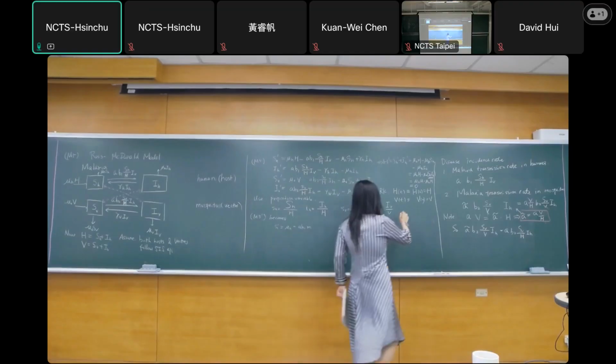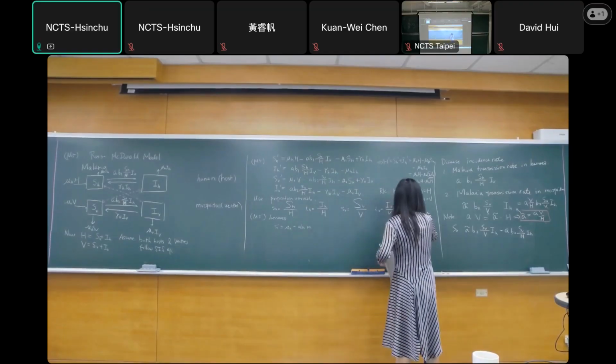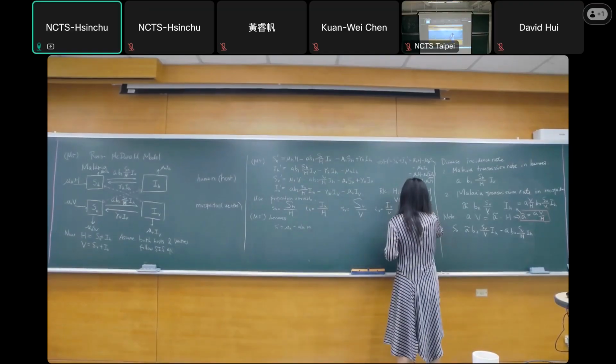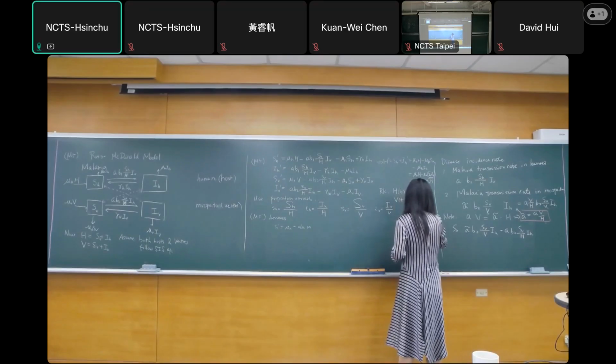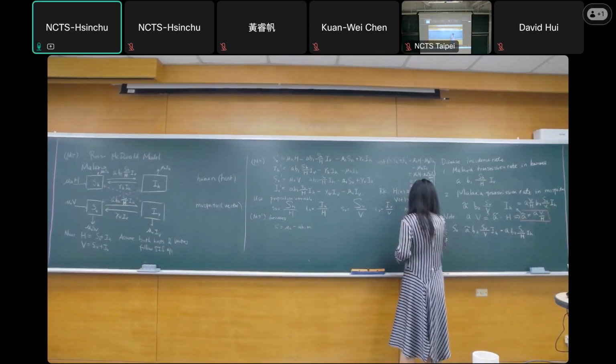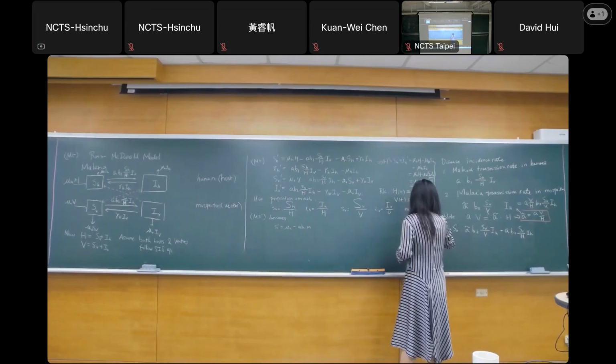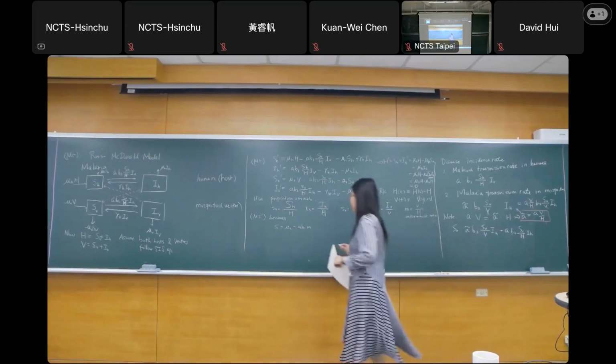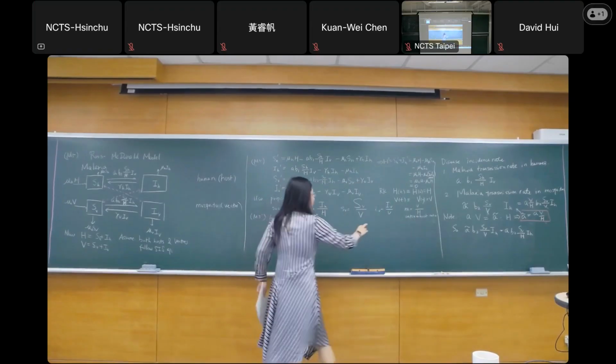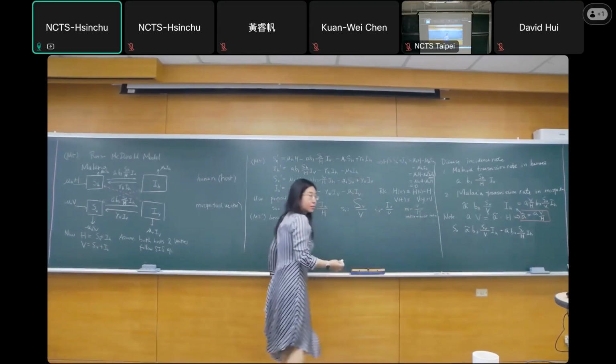So I introduce another variable called M. M is the vector to host ratio. Vector to host ratio. Because V is constant, H is constant.